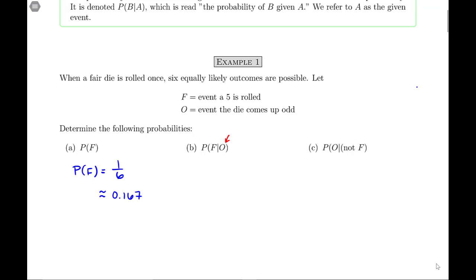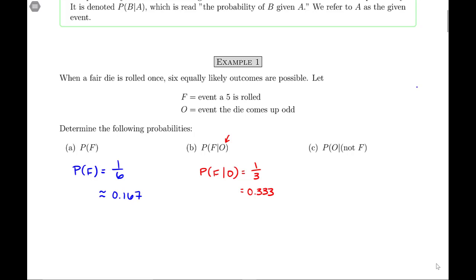What's the probability that that number is a 5? That's what this notation means. So the probability that the number is a 5, given that the numbers are all odd, is 1 out of 3, which is 0.333.